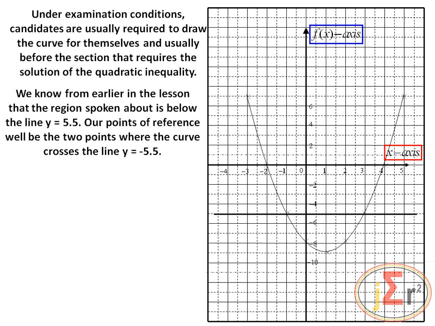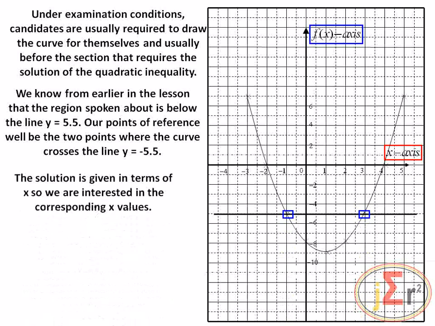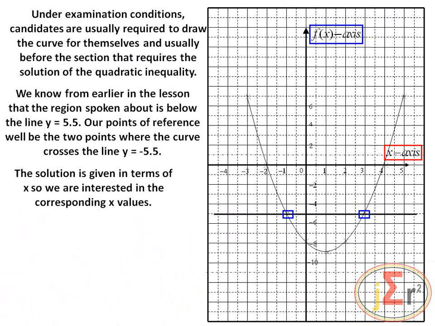Our points of reference will be the 2 points where the curve crosses the line y is equal to negative 5.5. So we have those 2 points, and the solution is given in terms of x. So we are interested in the corresponding x values. One right there at negative 1, the other one right there at positive 3. So they are x is equal to negative 1 and x is equal to positive 3.